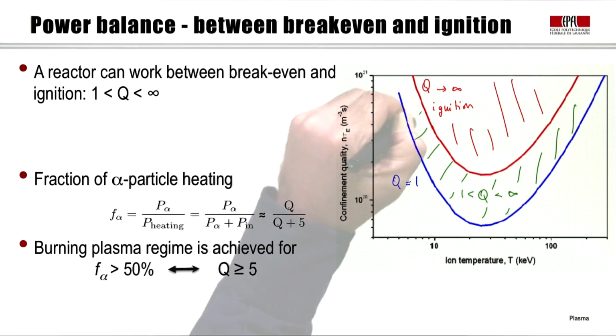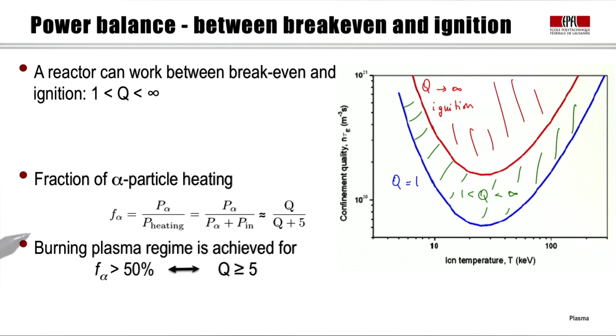If we define the fraction of alpha particle heating, that is the fraction between the heating from the alphas to the total heating of the plasma, that corresponds to about Q over Q plus 5. So if we want the alpha particle heating to dominate over the total heating, a regime we refer to as the burning plasma, that is achieved for Q larger than 5.